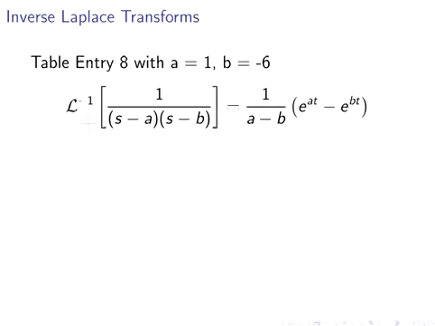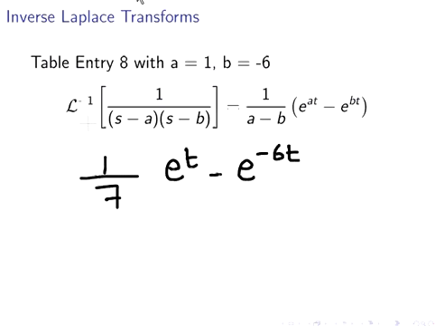Now let's bring up the second expression there. This one is a good bit simpler. 1 over a minus b is actually again 1 over 7 times e to the t minus e to the minus 6t. Now just remember earlier I had 2 times this Laplace transform here.